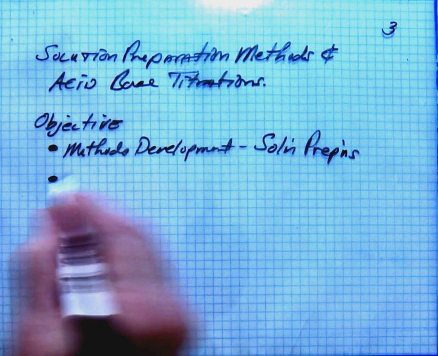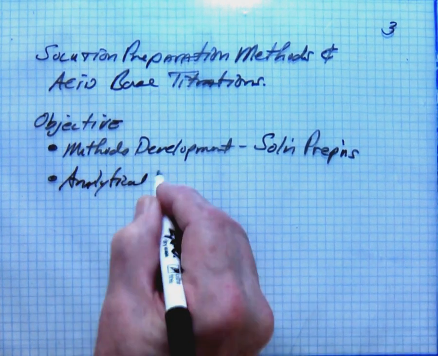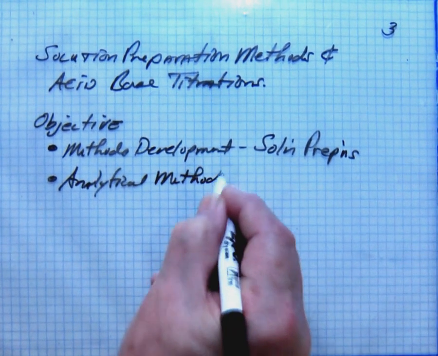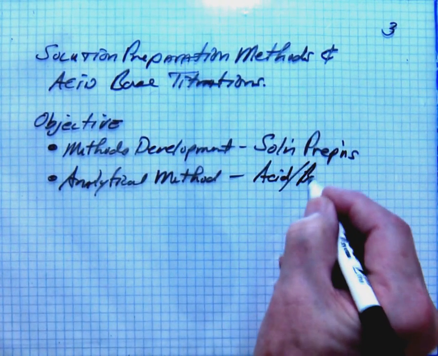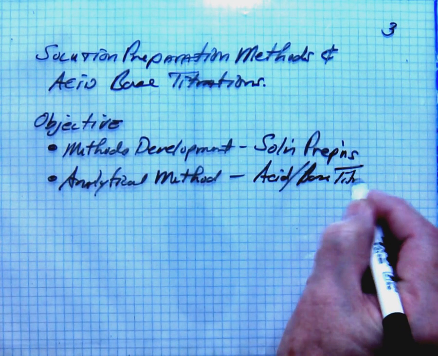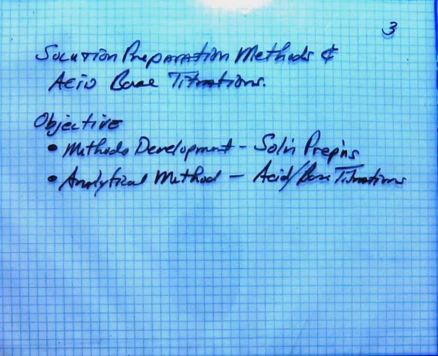And then an analytical method, acid-base titrations. And it just kind of reminds you generally what you're doing. So what I've got to teach you now is how to make a solution.